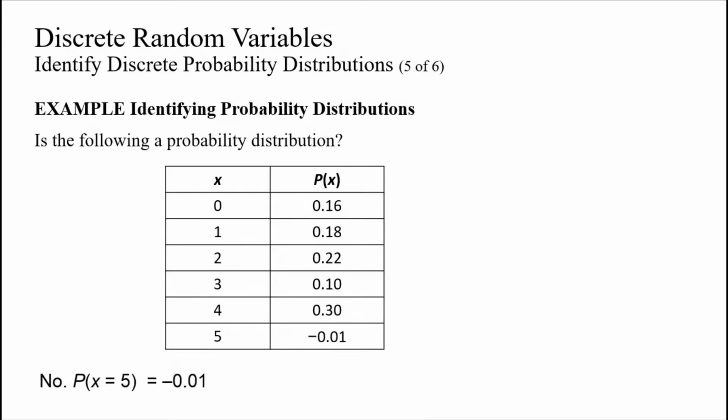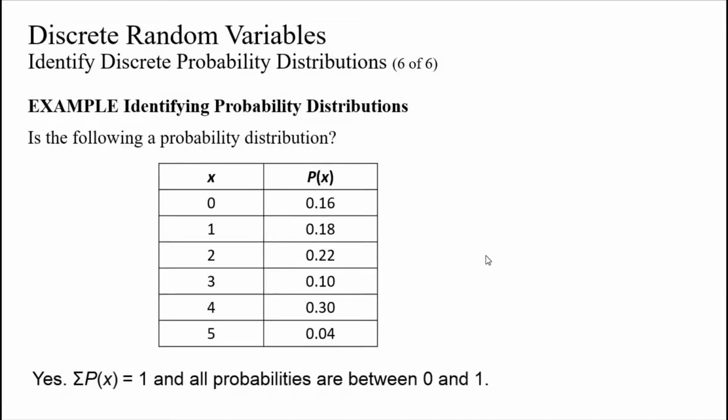If you look at this table, the first thing that you can see is that the last probability is not positive, it's less than 0, so it doesn't satisfy the second condition of a discrete probability distribution, and this makes it not a probability distribution.